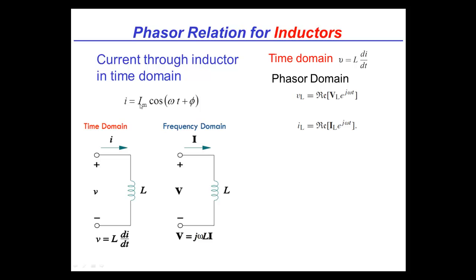Now, as an example, the same example you made me do in the last slide, for this current here, this IL, the thing you're taking the real part of, would be Im e to the j phi, times e to the j omega t. Let me see if I can review that. So what I've got is IL, and IL is Im angle phi, or e to the j phi, and I've got that multiplied by e to the j omega t.